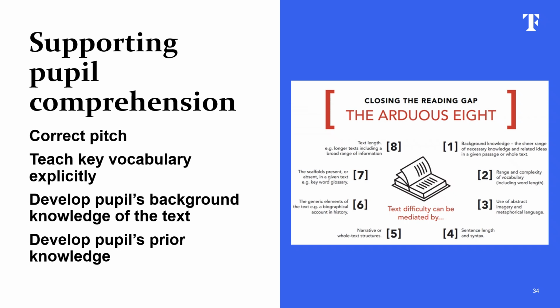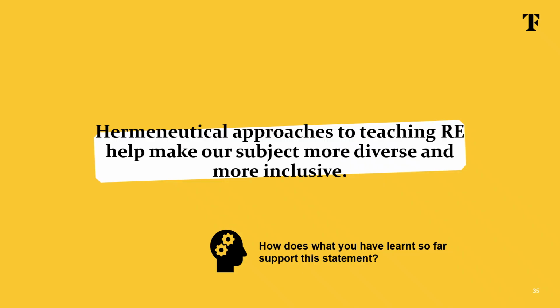Research also shows if you're reading about a topic you're familiar with, you're much more likely to understand the text compared to when reading a topic you're not familiar with at all. The intention here is to demonstrate exactly how much you need to teach your pupils before you can ask them to do any interpretation. We're going to return to this message periodically and ask you to reflect on it.